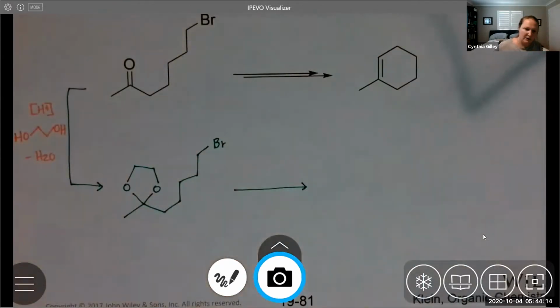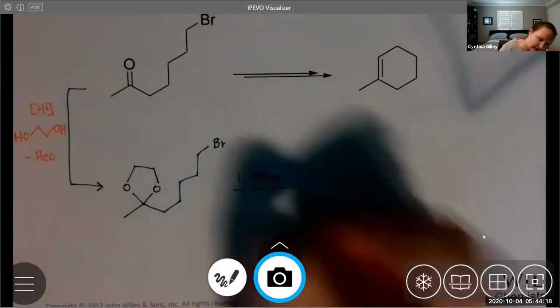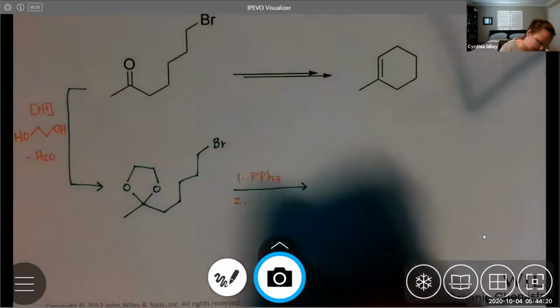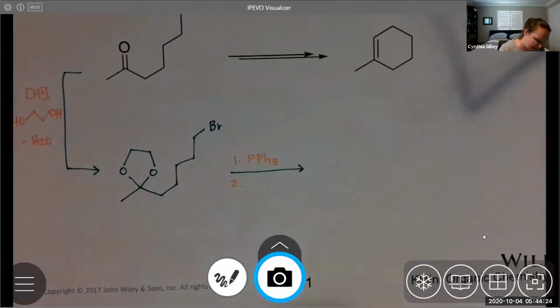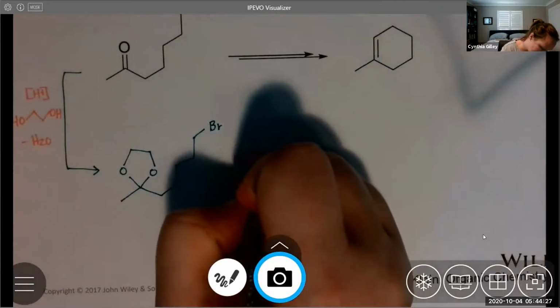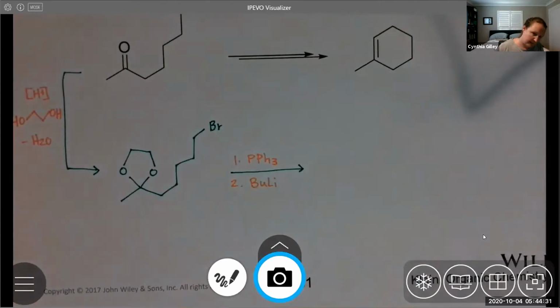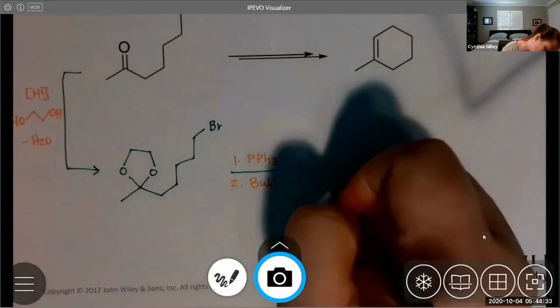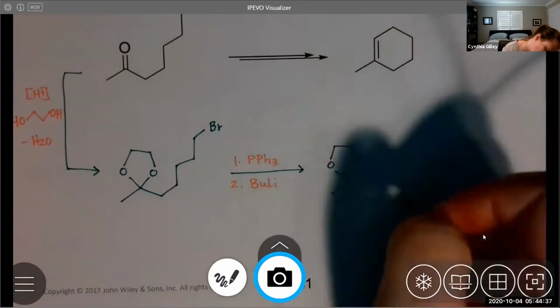So now we can do our two-step process to form the ylide, which is needed for the Wittig reaction. So first step is triphenylphosphine. The second step is the butyllithium. So let's then incorporate that ylide into our product here.